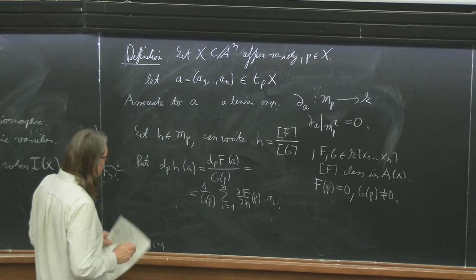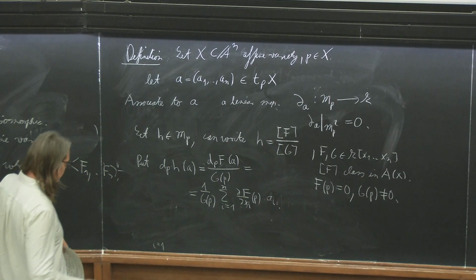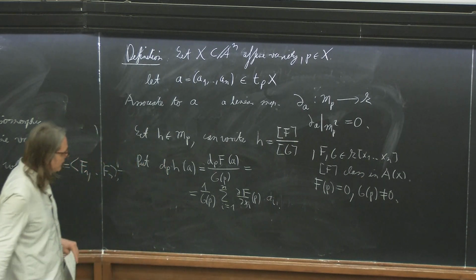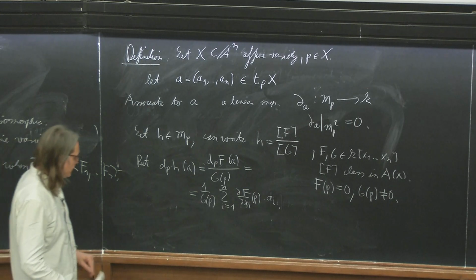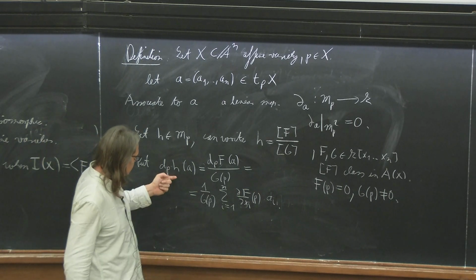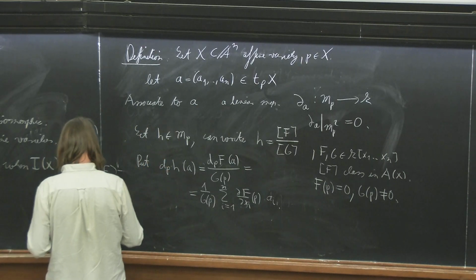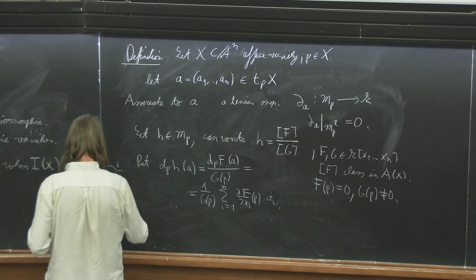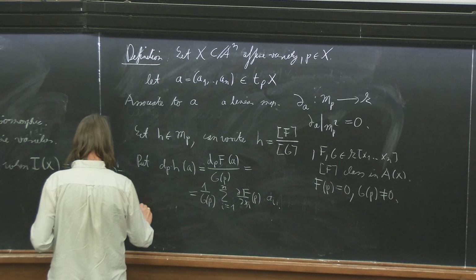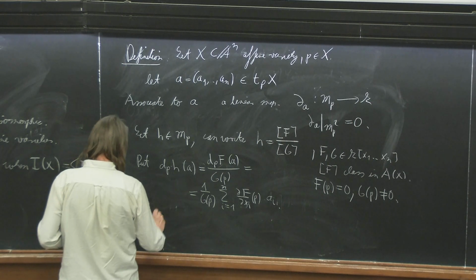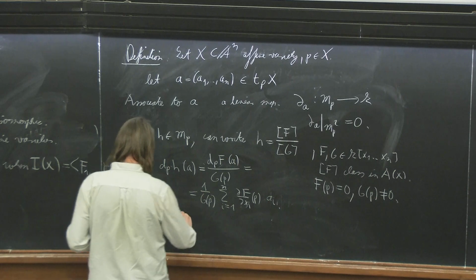Okay, so now there's a few things to check here, if I even want to write down such a thing, because I have defined this in terms of representatives. Exercise: check this is well defined.